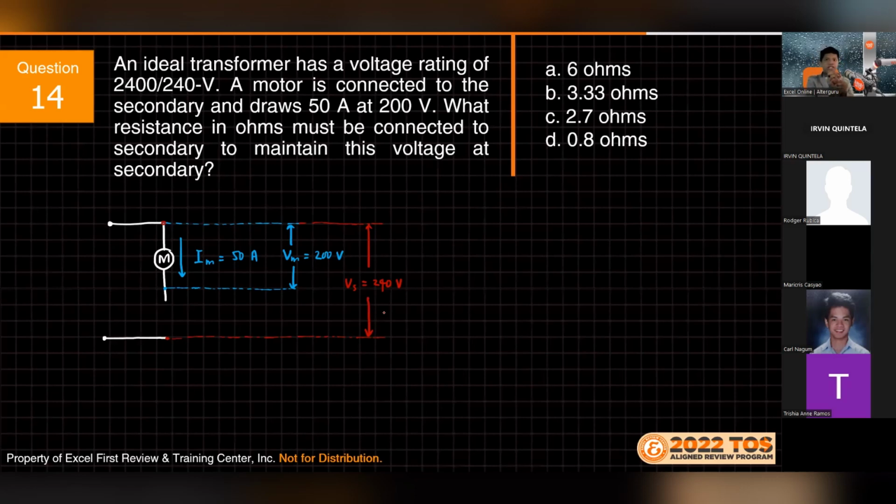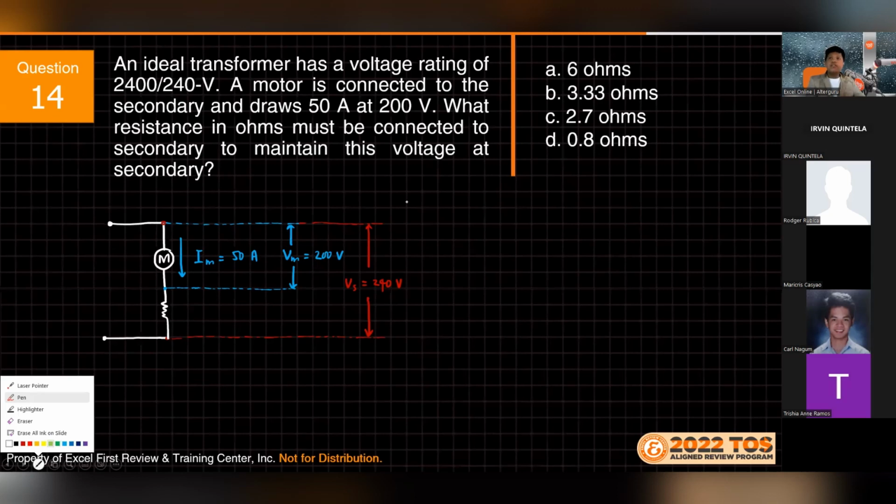If the motor is connected dun sa load natin na may 240 volts, para malimit yung current, kasi mangyayari dyan, pag hindi natin ginawa yun, is that yung rated power for that divided by your VS, iba yung current na dadaan dito, which will make this motor na hindi mag-function as intended it is. Now, gagawin natin is we will connect a resistor, para ma-maintain yung voltage at secondary, and magdalhin niya rin yung current na 50 amperes. So what will be the value of R?